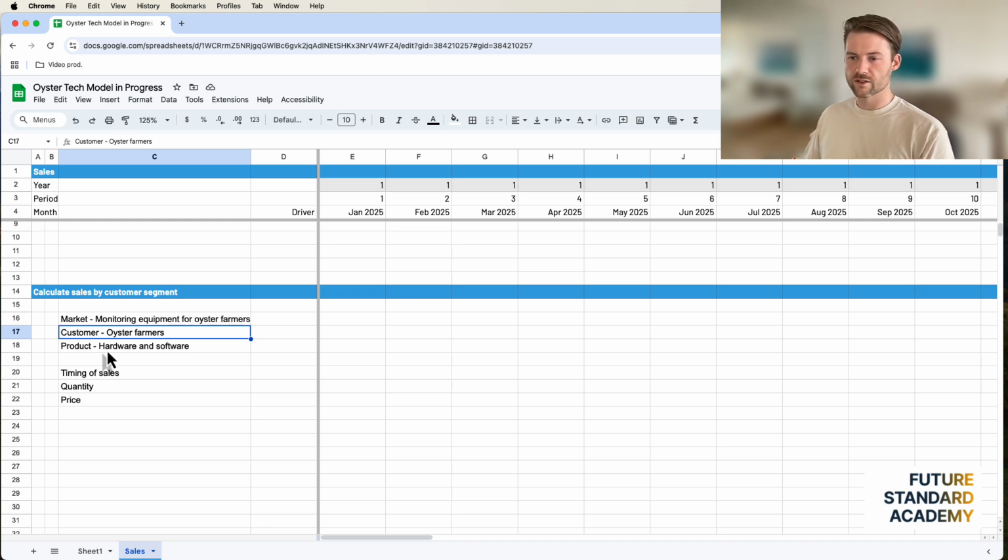The customers are oyster farmers, but if you think about it, and we know this from observing all kinds of mature industries, you have consolidation with some big players, and then you have a whole long tail of smaller companies that also exist in the market, and there are way more of them than the big ones.